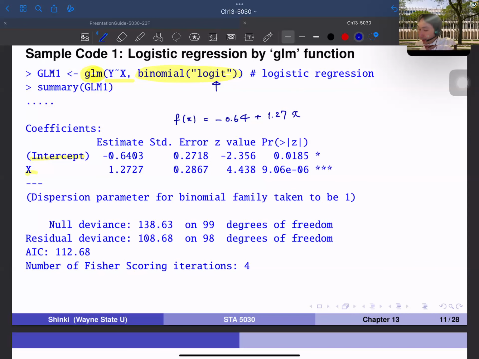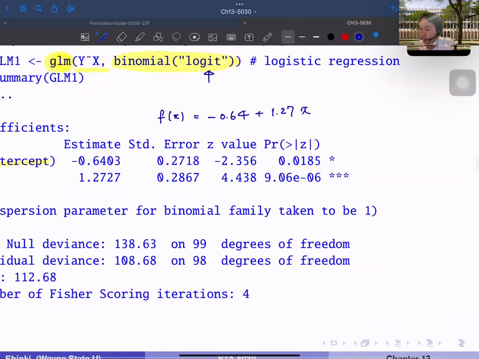It is a little hard to interpret this because we have f here. So what does this 1.27 mean? When x increases by 1, f of pi increases by 1.27. f of pi is the transformed probability, so we are not really sure how much pi increases.